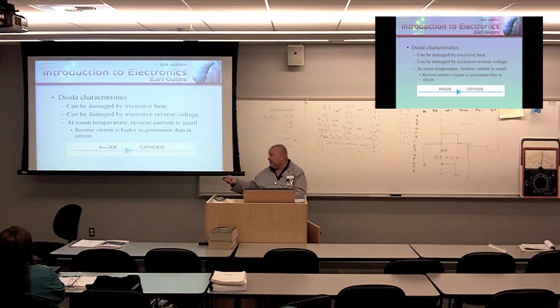Electron flow against the arrow. Does that make sense? Electron flow will always be opposite the direction of the arrow. So here, as technicians, we study the behavior of electron flow. When you're troubleshooting this, you put your black lead on the cathode, you put your red lead on the anode, and you would expect to see that forward bias voltage.